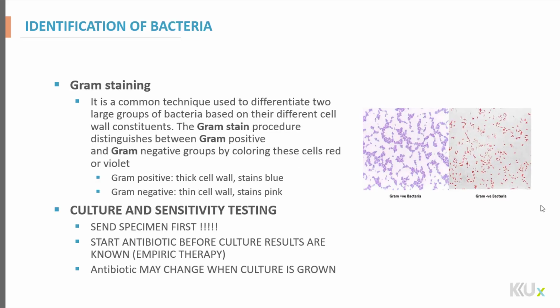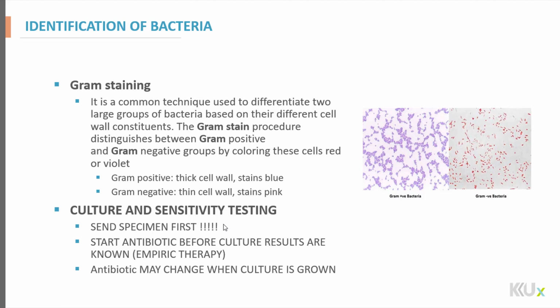So again, we finished with the definitions, and this is again telling you how to identify the bacteria. We identify it by what we call gram staining. However, first we need culture and sensitivity testing.